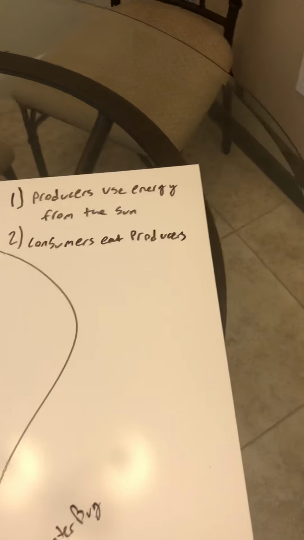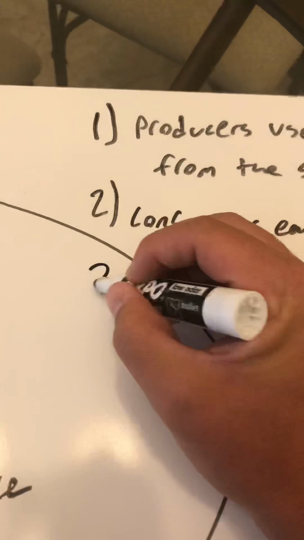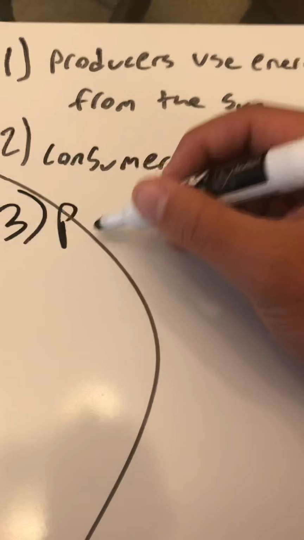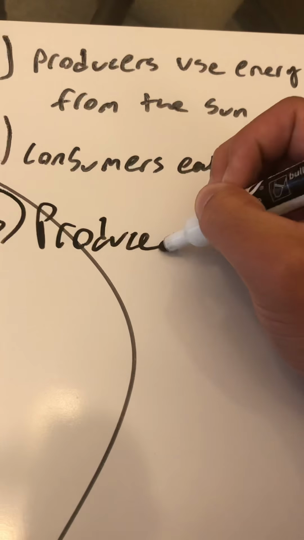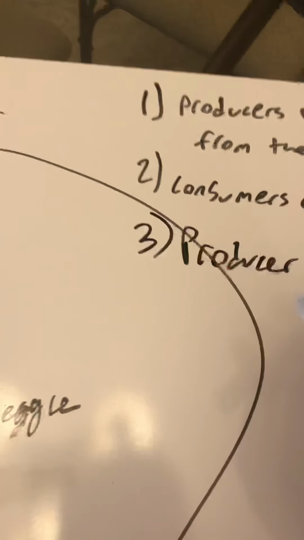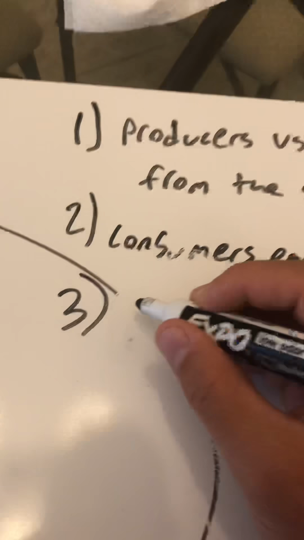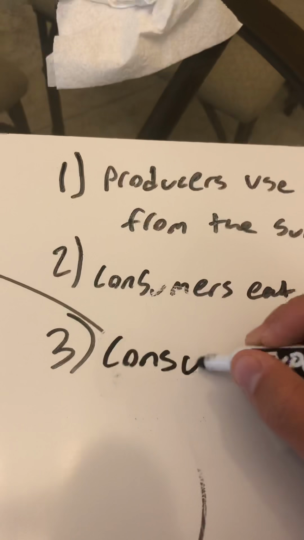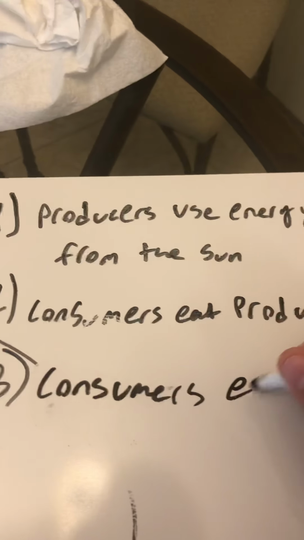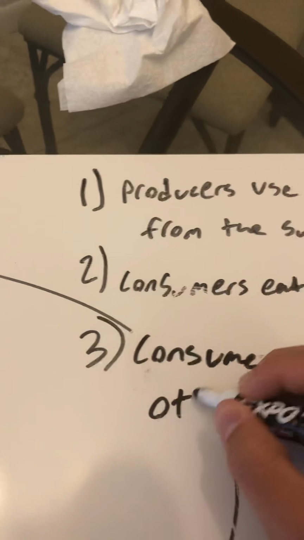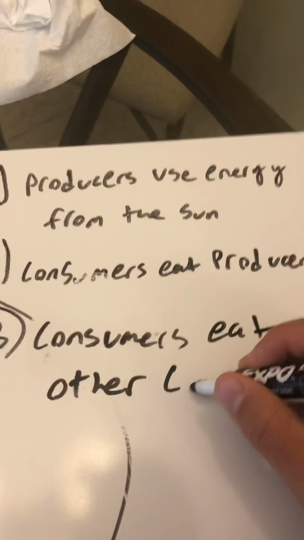So once consumers eat producers, step three is consumers eat other consumers.